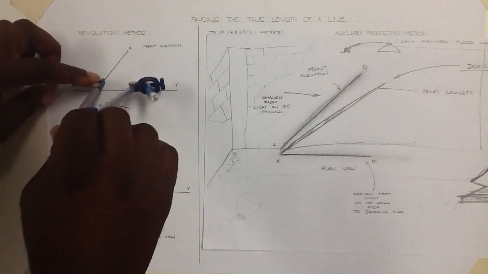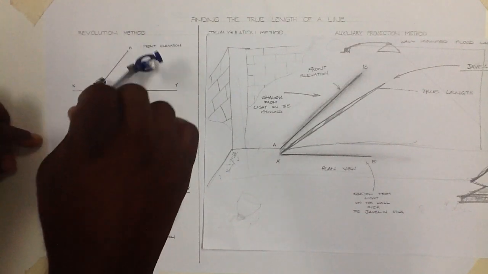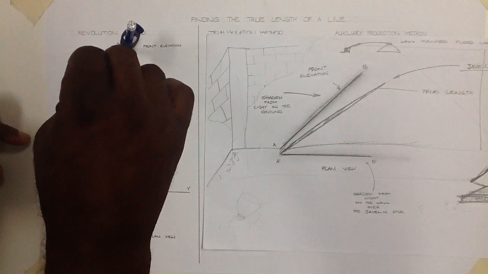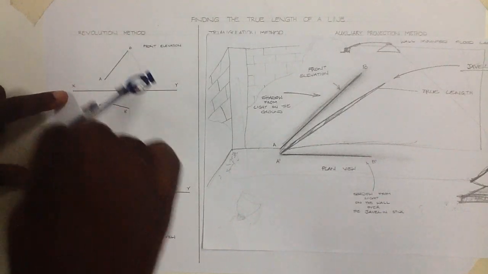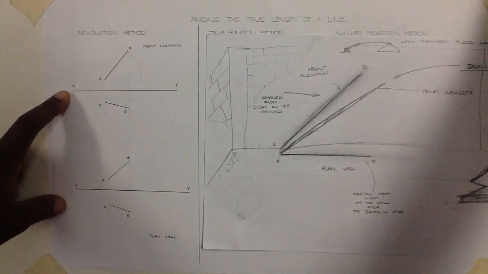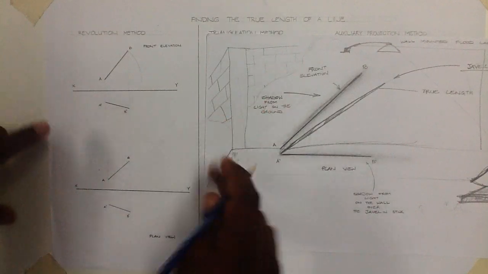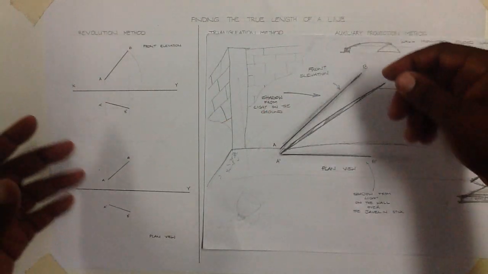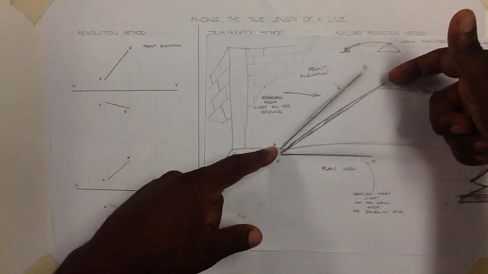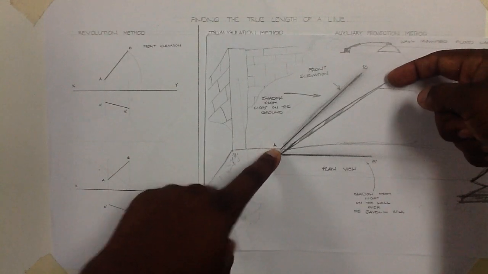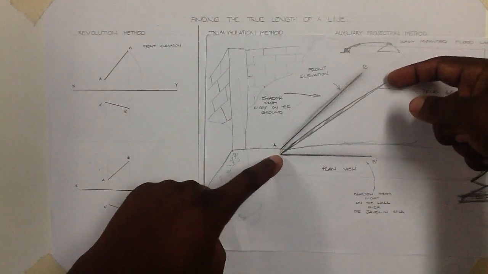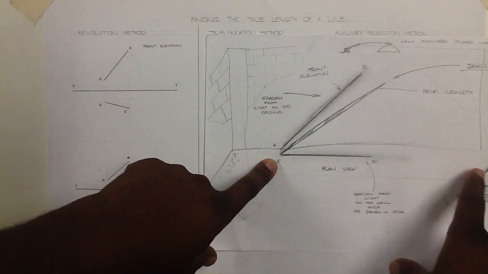Okay, so this is my arc. And be very careful not to draw the arc to extend to touch our XY line, which represents our horizontal plane. Okay? So we basically want to see what the length of that javelin stick would look like against the horizontal plane.